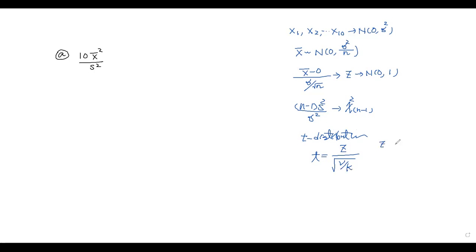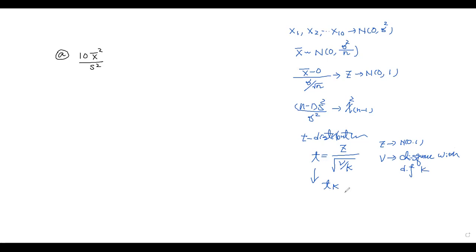Z is normal 0, 1, and V is a chi-square with degrees of freedom k. Then the t distribution is Z over the square root of the chi-square divided by its degrees of freedom. This is a t distribution with k degrees of freedom. All right, this is the third property.